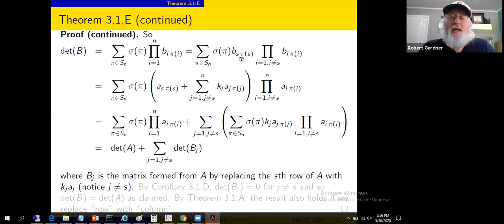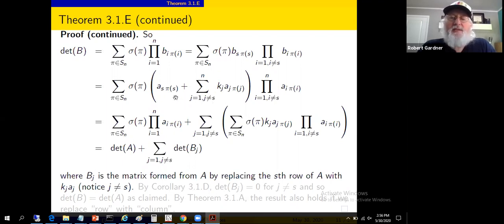You know what that S term is? Yeah, we had this on the previous slide. It was the entries in the S row of A. So we'd have A sub S pi of S plus those multiples of the things that we've added to this S row. All right.